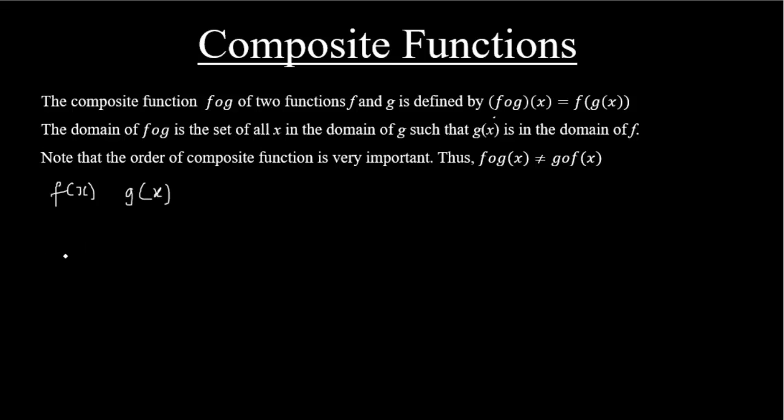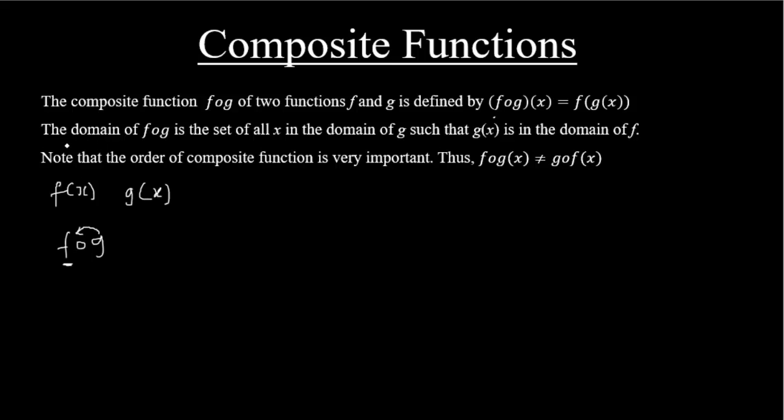Now let's look at f of g. The composite function f of g here means we are going to locate x in the function f. So x is the domain of the function f. Wherever we see x in the function f, we are going to replace it with the whole function g.